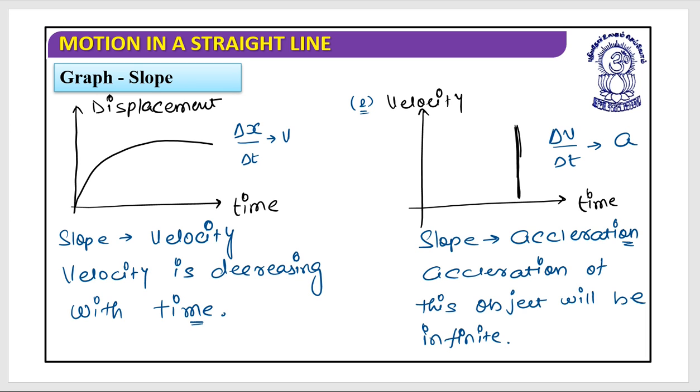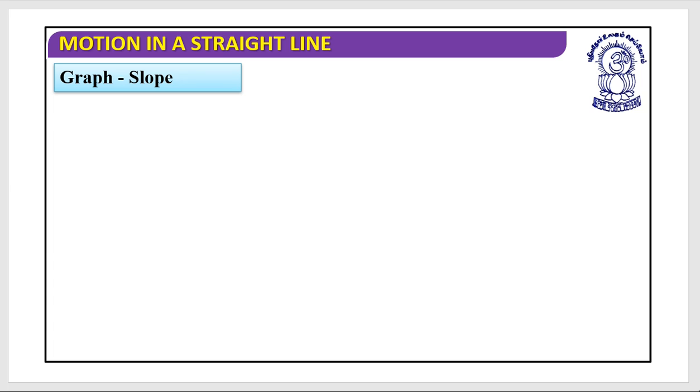This is only a pen and paper situation, because in practical life we cannot have an acceleration which could lead to infinity. So this is just the situation when pen and paper is used and no physical world is involved in this. Okay, let's try something new.